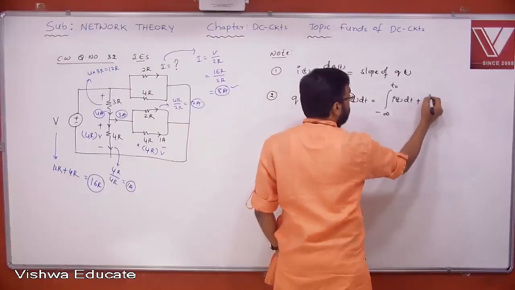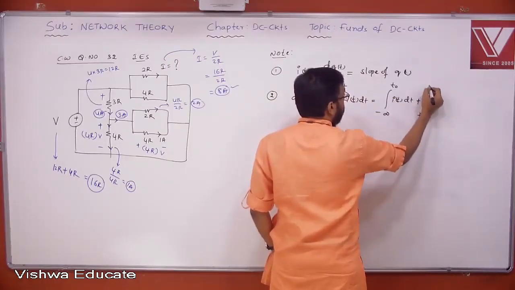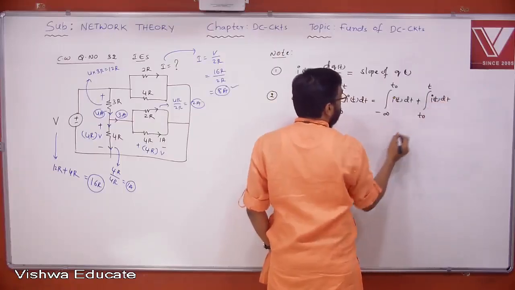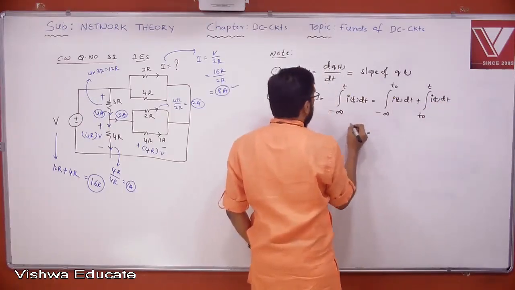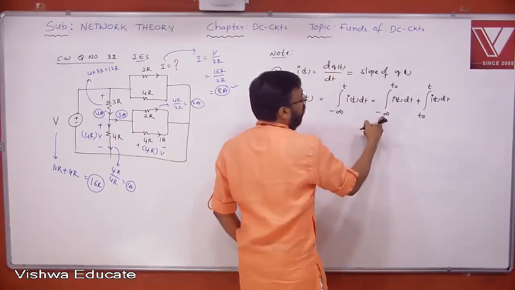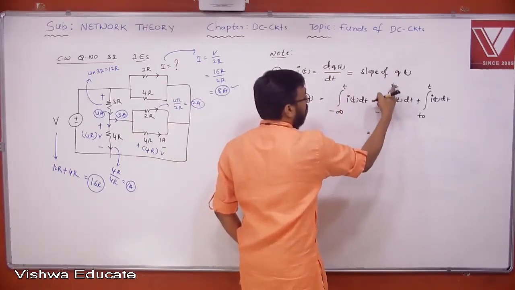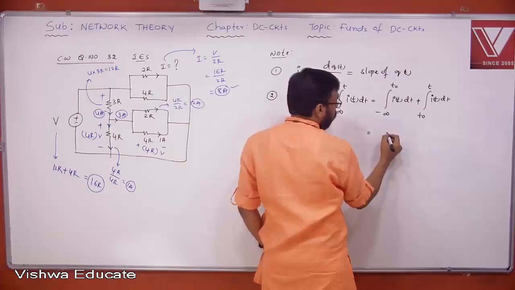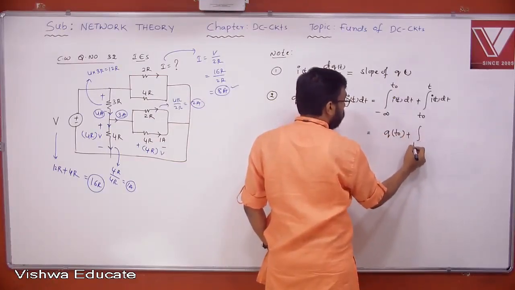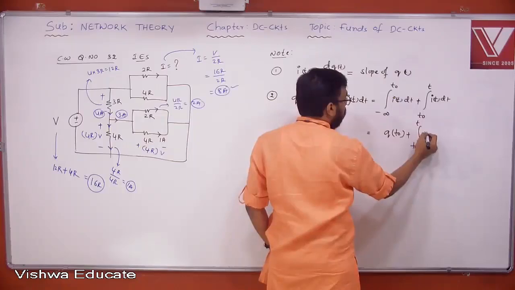Plus, I can split this integration, t naught to t, I of t dt. Now look at this. Minus infinity to t is q of t. When in place of t you place t naught, it will become q of t naught. Therefore, this will become q of t naught plus integration t naught to t of I of t dt.